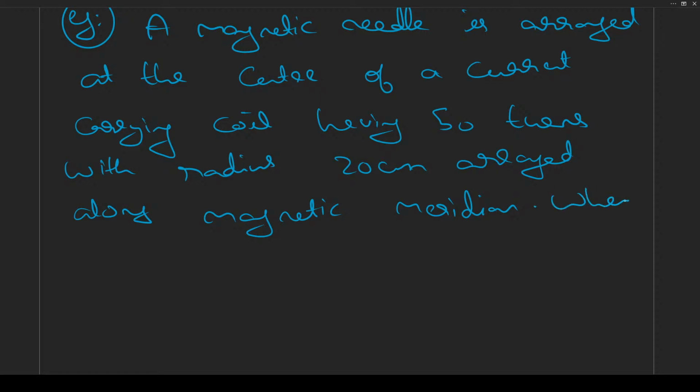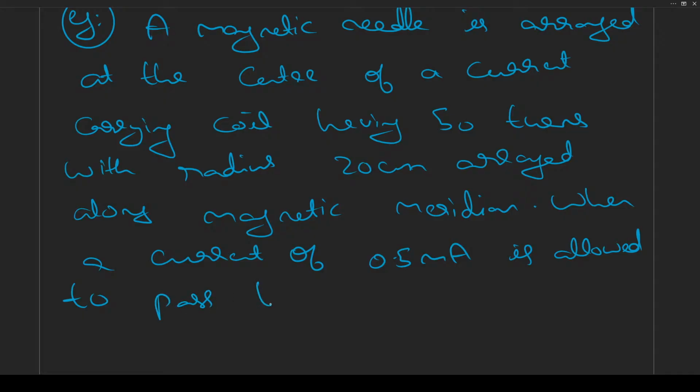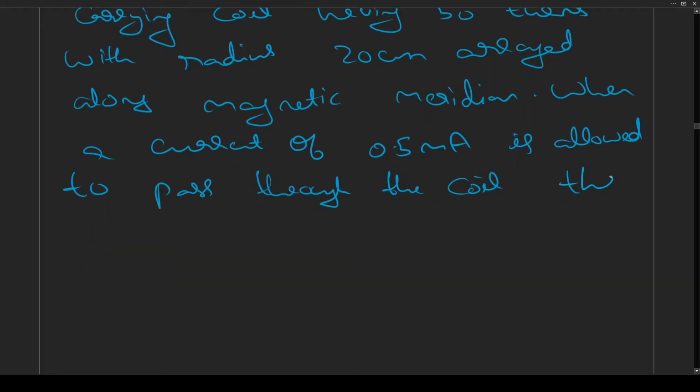When a current of 0.5 milliampere is allowed to pass through the coil, the deflection observed to be 30 degrees.